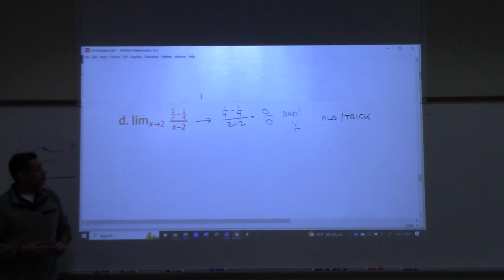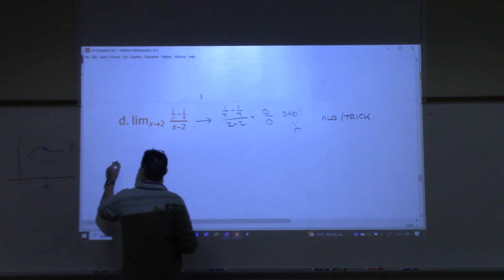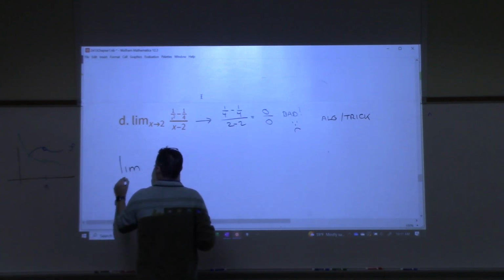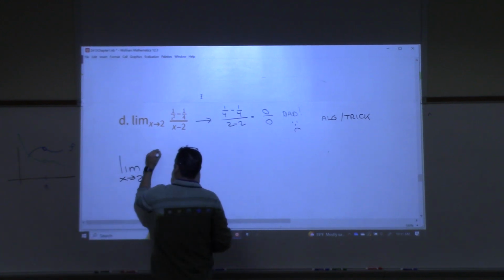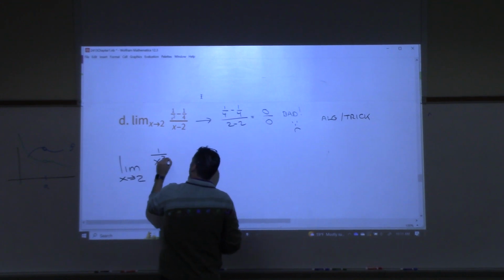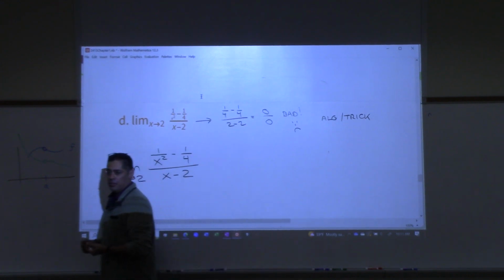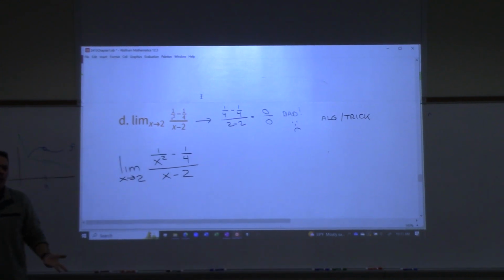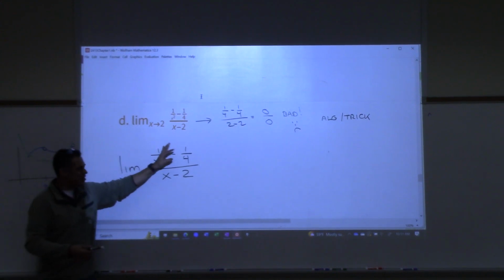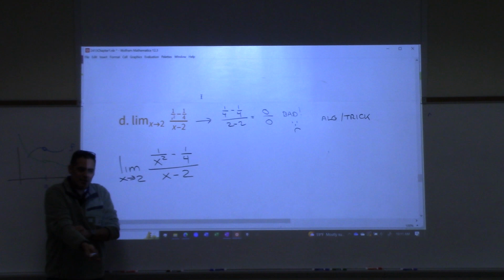Well, what we're looking at here is what is referred to as a complex fraction. It's a complex fraction because it's fractions within fractions, right? You've got fractions inside of a bigger fraction. It's a complicated fraction.